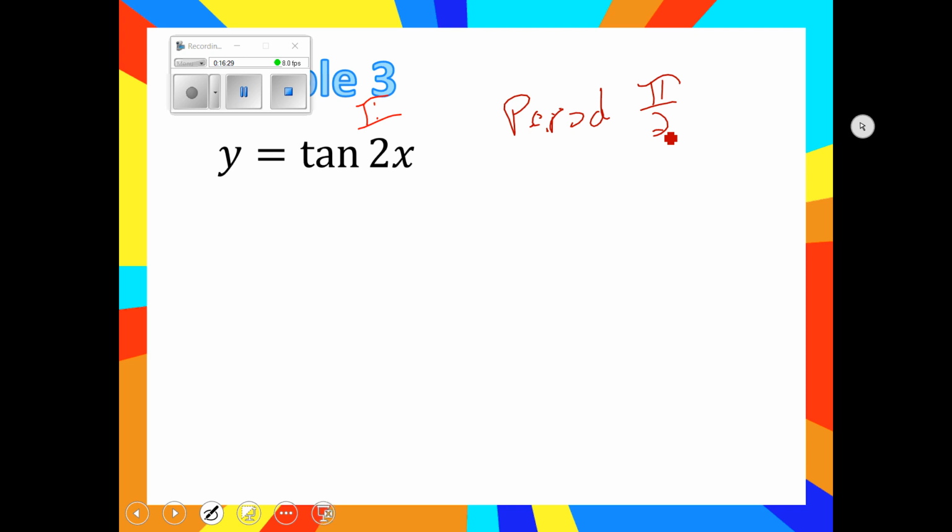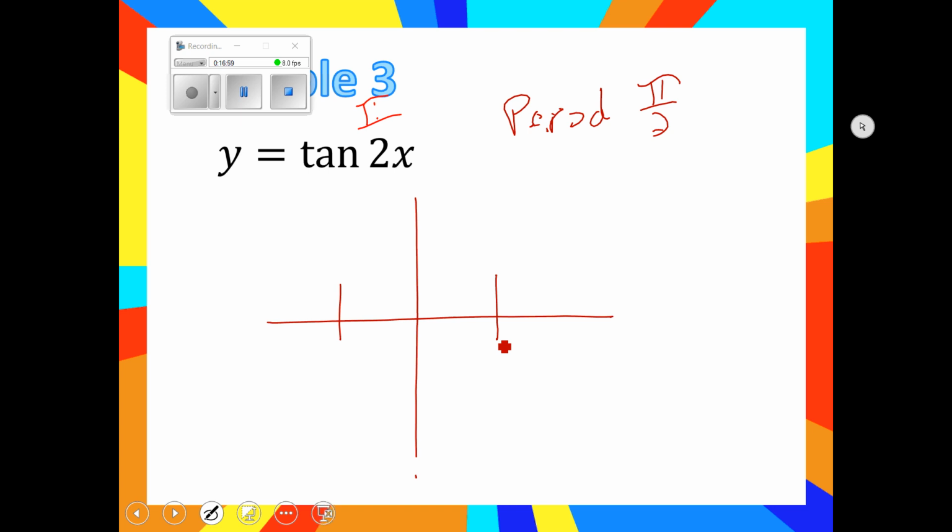So let's think about this. Am I going to go all the way out here? I don't want to go from 0 to pi over 2 and that be the length of it. I want 0 to be the middle. So I want to go an equal distance back this way and an equal distance back this way, and the whole thing be pi over 2.